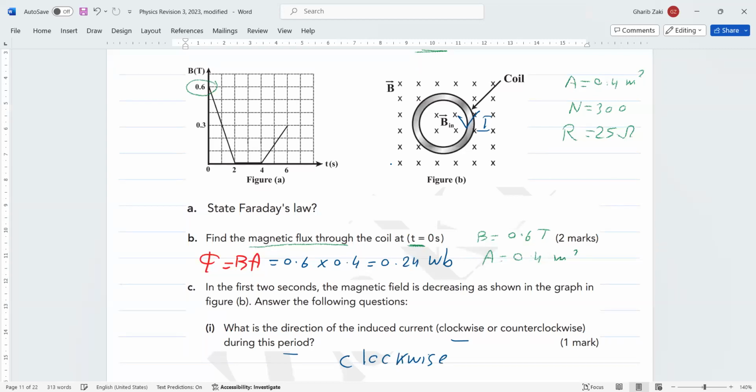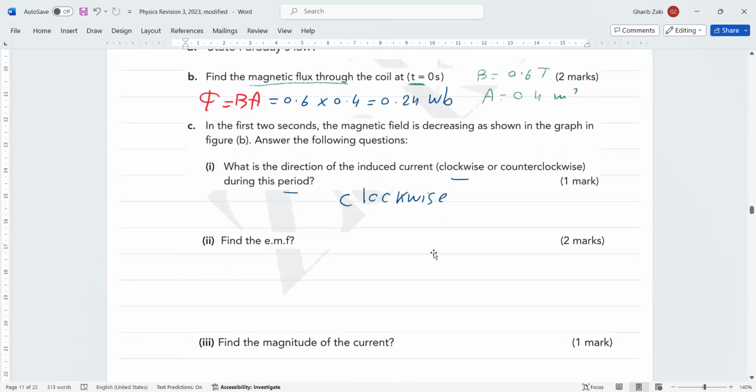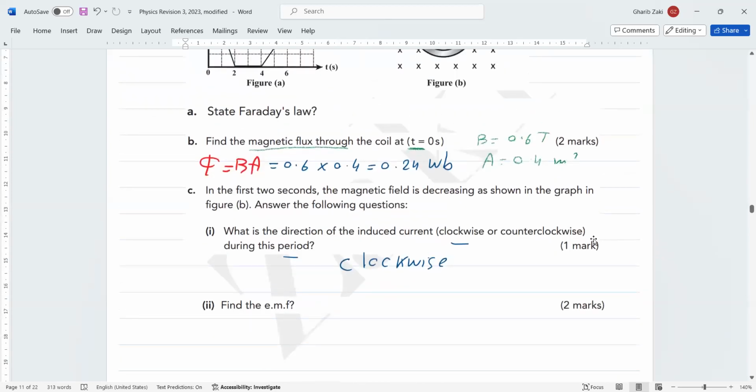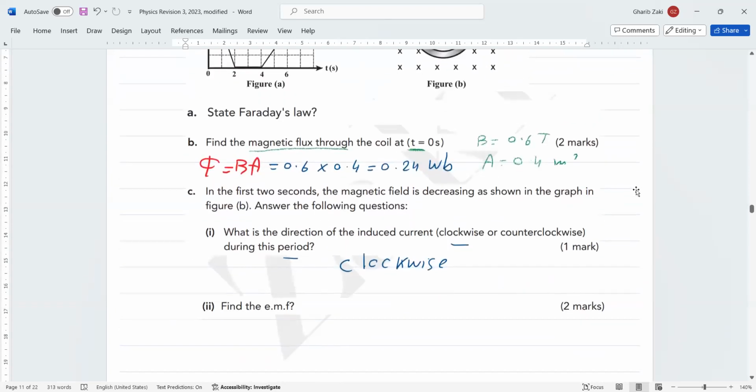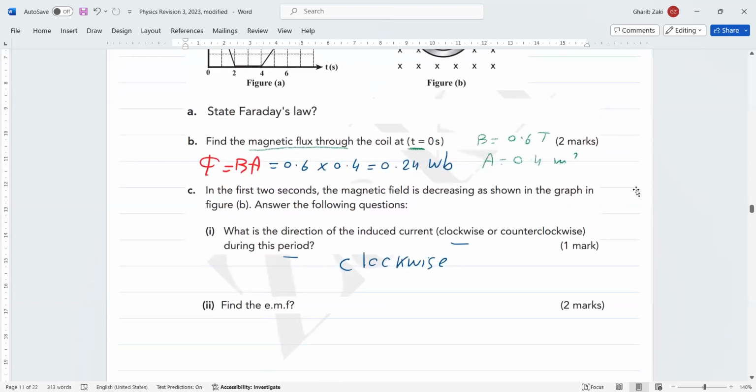Now, next question. Find the EMF induced. We talk about what? From 0 to 2. We need the EMF from 0 to 2. Now, what is B initial? B initial equals 0.6. What is B final? B final from the graph is 0.